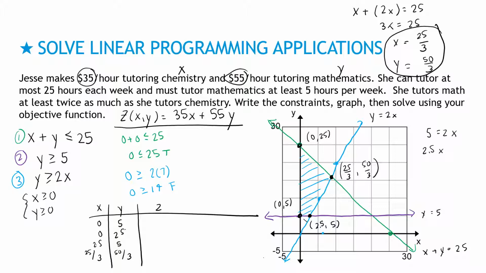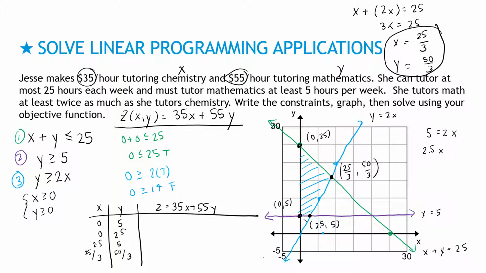Use your calculators, it's fine. We're plugging them in to 35x plus 55y. And am I minimizing or maximizing? Well, this is Jessie and she's trying to make money, so we're going to maximize.